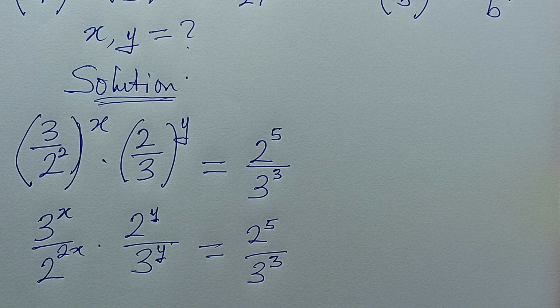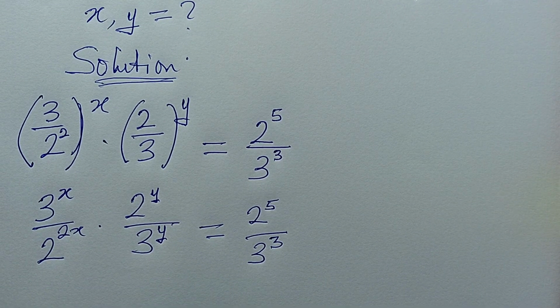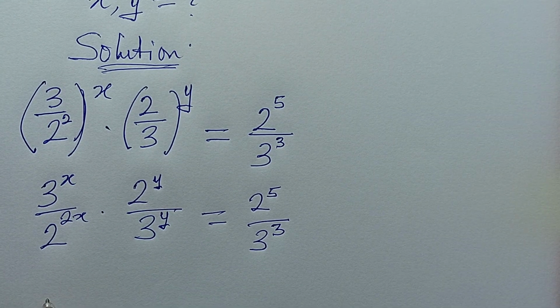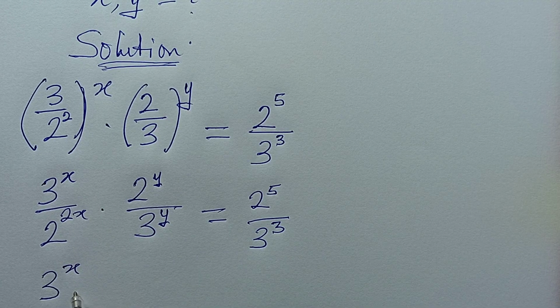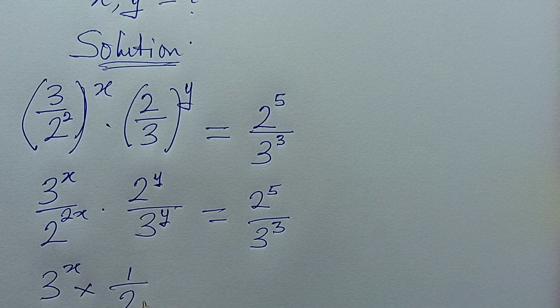Now from here, what we do next is this. We just have to separate this and this from here and here. And so how do we get that? We equally separate this. So we can rewrite this expression as 3^x times 1 over 2^(2x).